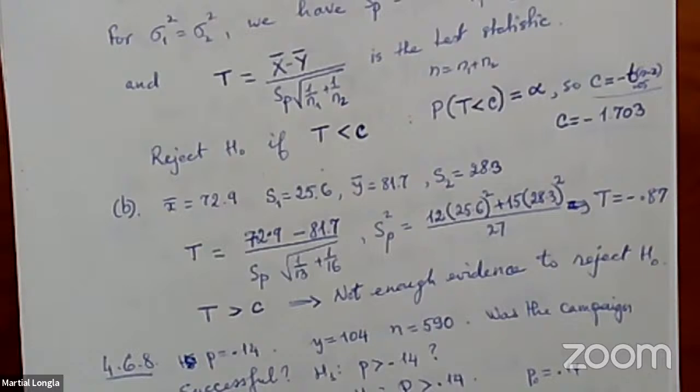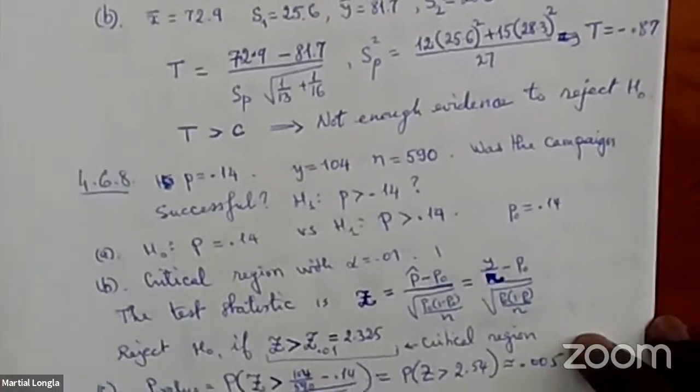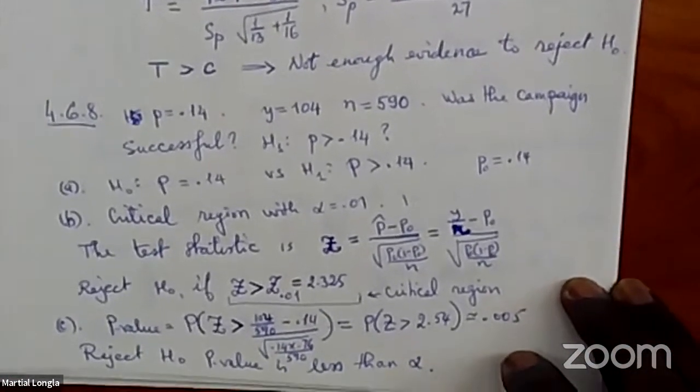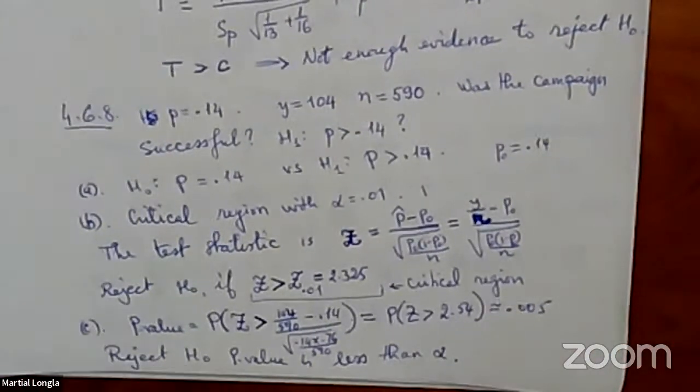As you know, for continuous distributions, the probability of having equality is 0. So for you to have data in which you will be having equality, it's really a rare case.